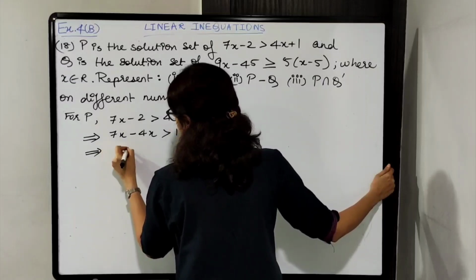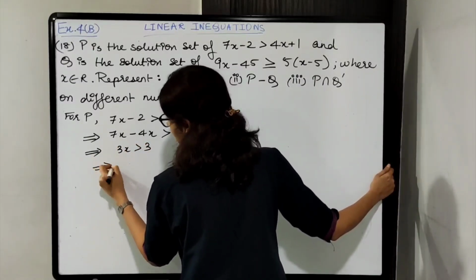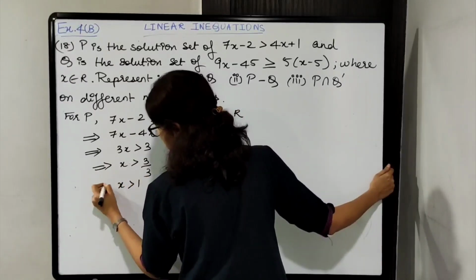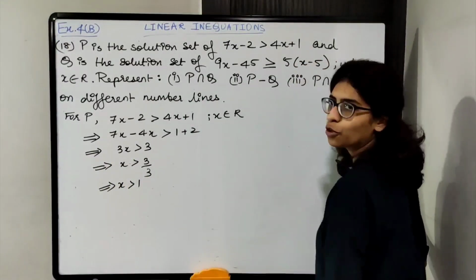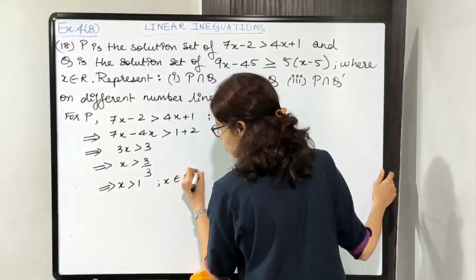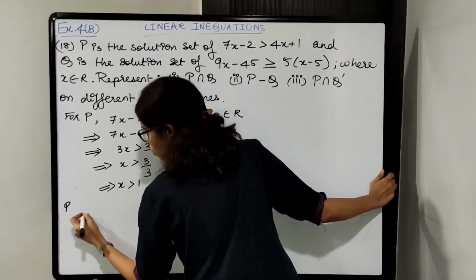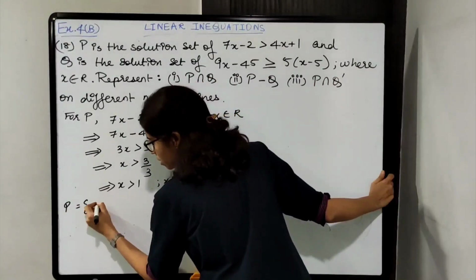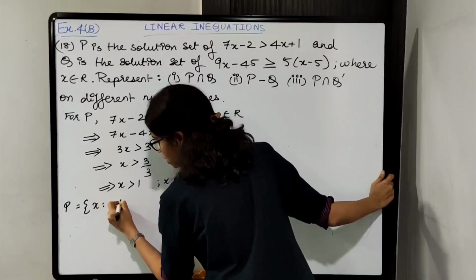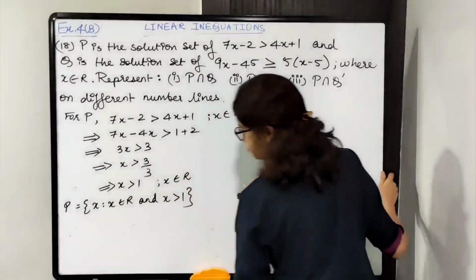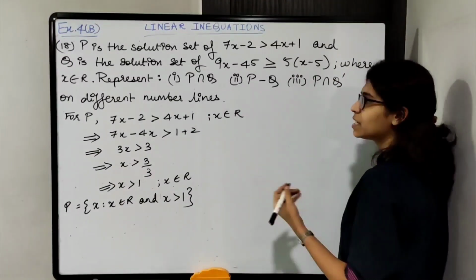So 3x is greater than 3, that is x is greater than 3 by 3, that is x is greater than 1. ठीक है. For P we are getting this where x belongs to R. So what will be the solution set for P? It will be set of all x such that x belongs to R and x is greater than 1. Very easy.